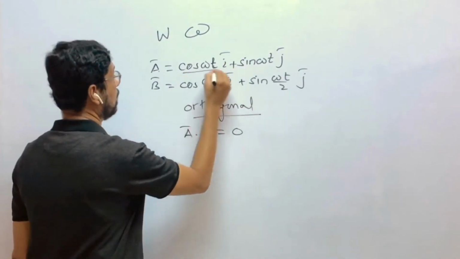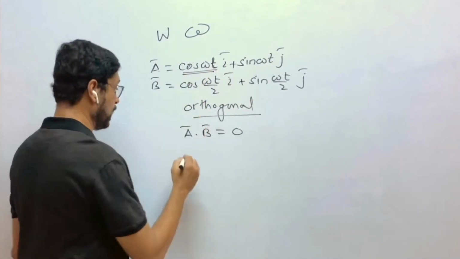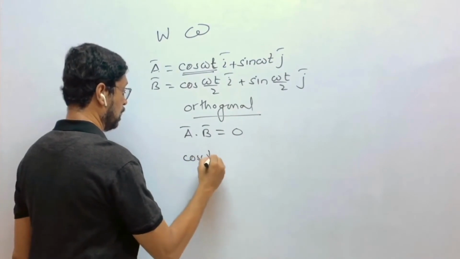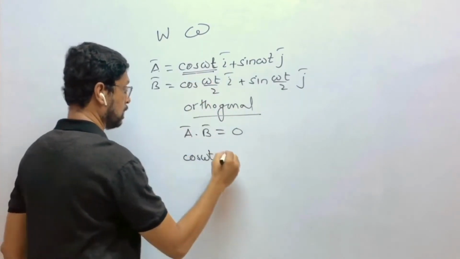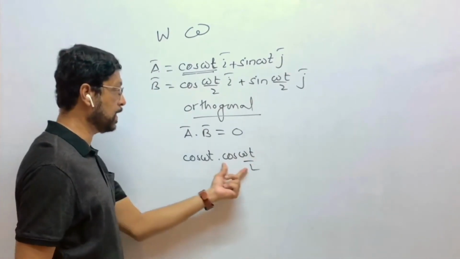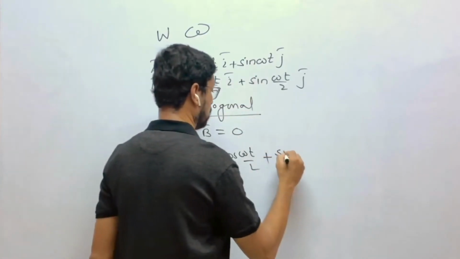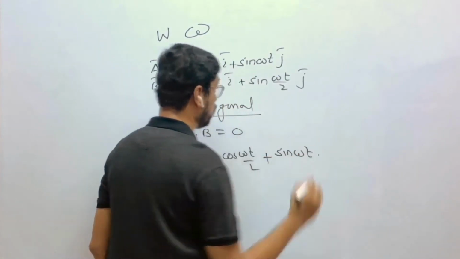A क्या है? Cos omega t, i का coefficient cos omega t. AX BX, cos omega t by 2, AX BX plus AY into BY.